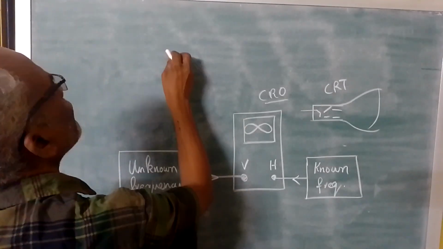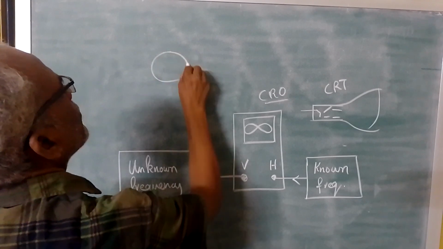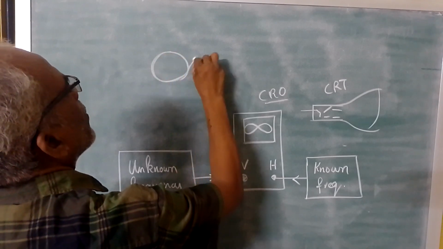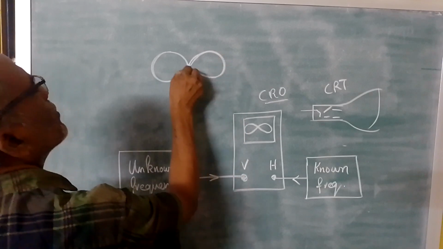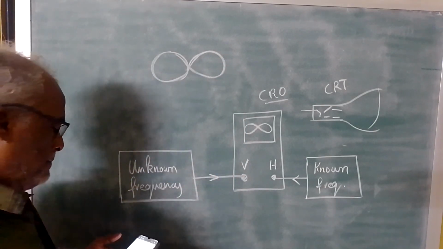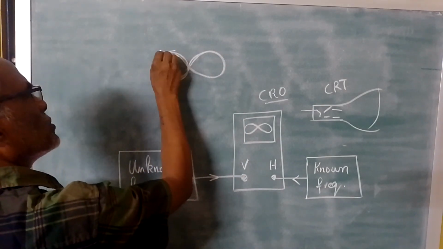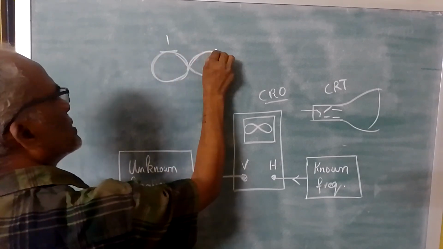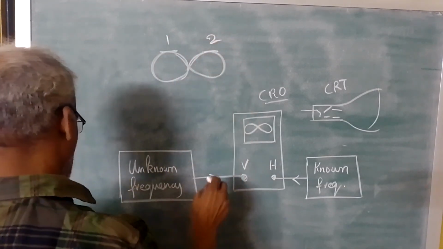Now we will see another case. Suppose you are seeing a loop like this. Here this is one tangential point, 1, and this is another, 2.